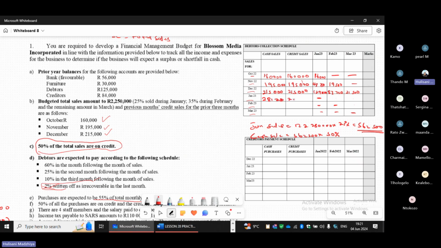So our credit sales will also be 281,250. Did you guys get the same?